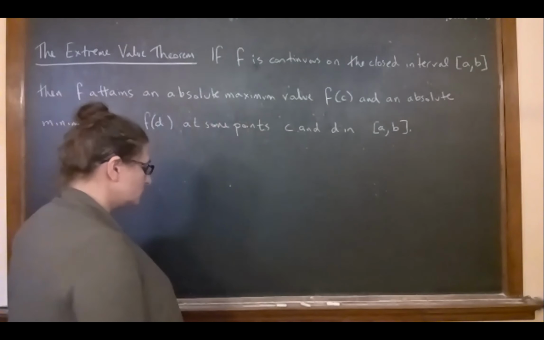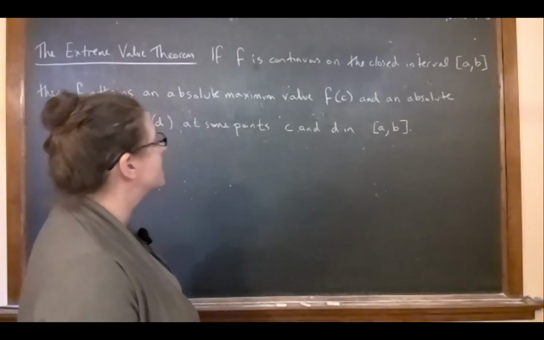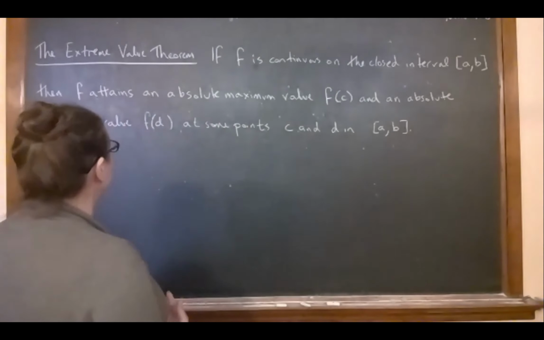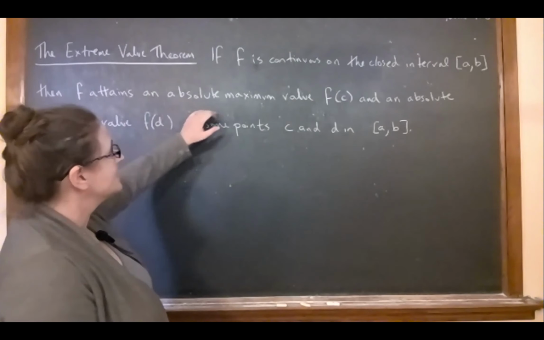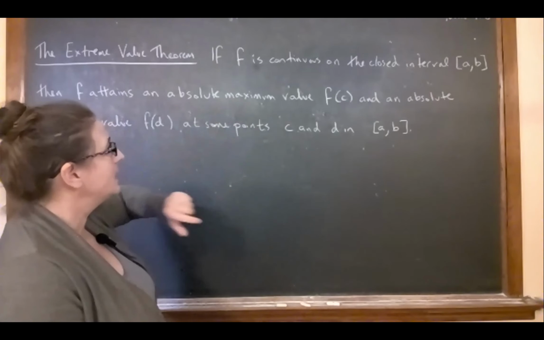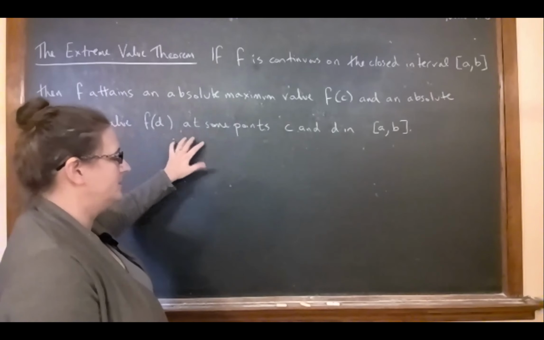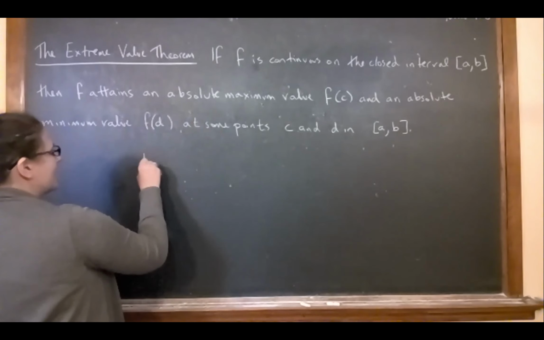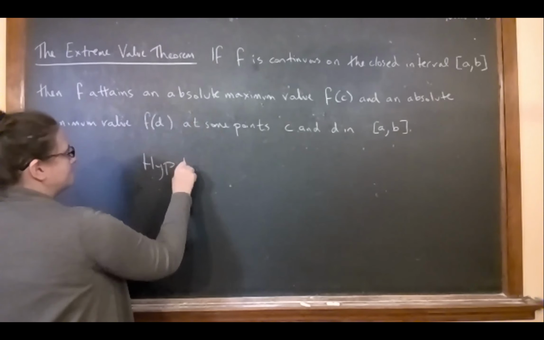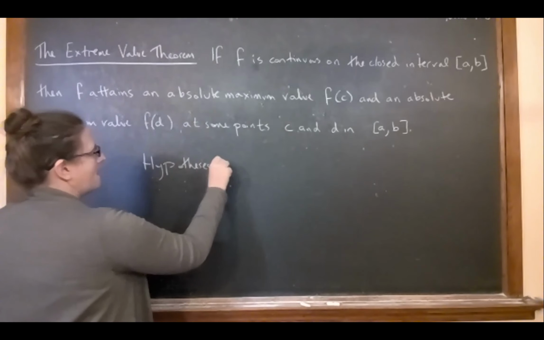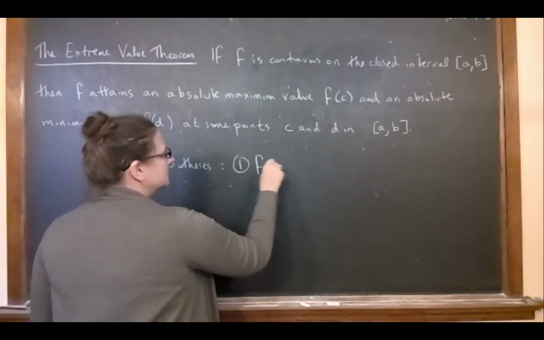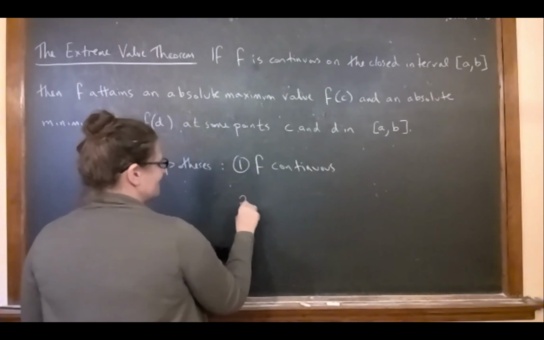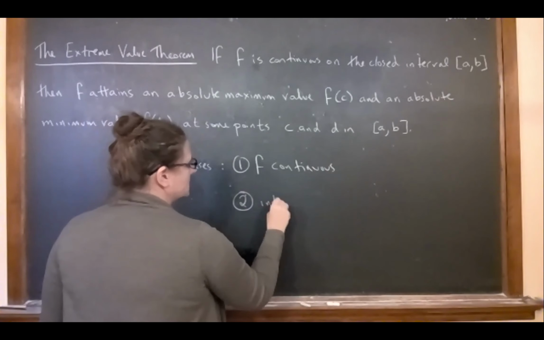If we have those two hypotheses, a continuous function on a closed interval, then we can say for sure there is an absolute maximum attained and an absolute minimum attained. So the hypotheses for this result are: f is continuous and your interval is closed.